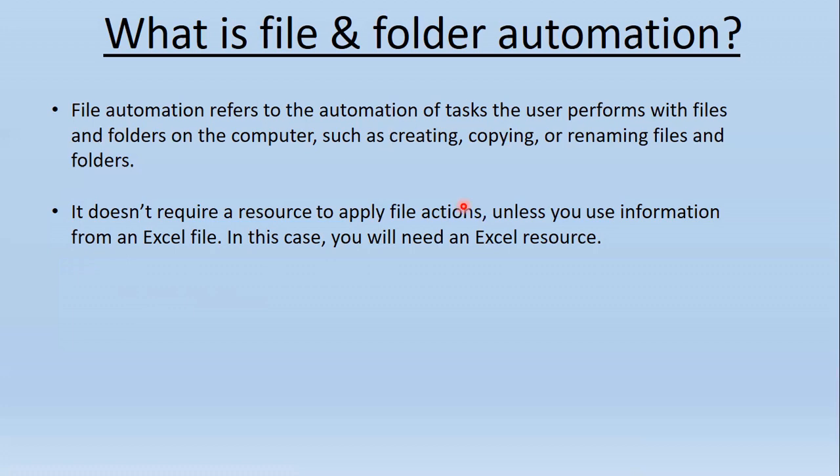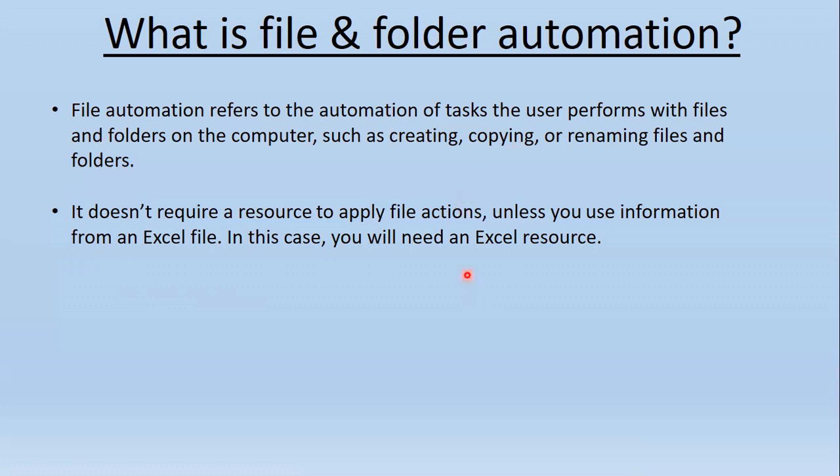So if we are just performing file and folder automation, we need not use a resource to utilize those activities. But if we are combining it with, say, Excel or Word, then we have to use an Excel resource or Word resource. So all those tasks that we perform while we are playing around with files and folders constitute file and folder automation.